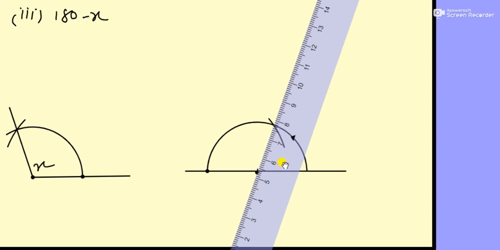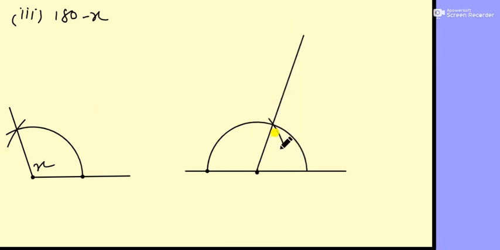Draw a line like this. So that is your, remove the scale. So this angle is x, but this angle is 180 minus x. So that is your answer.